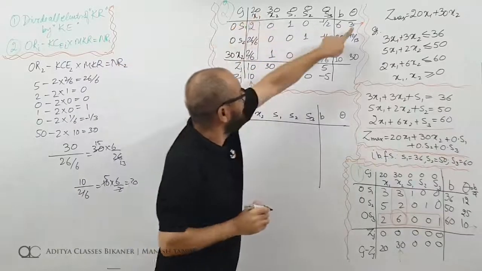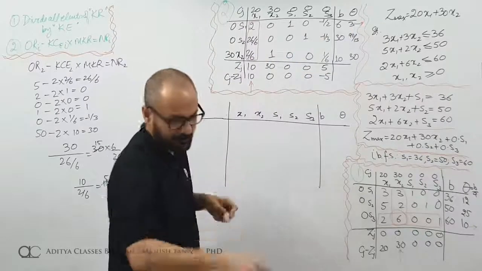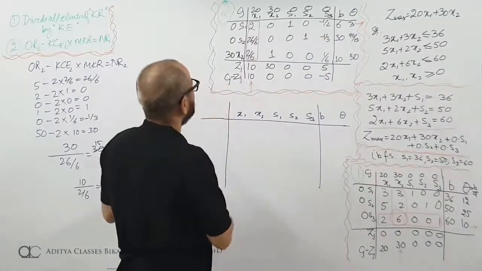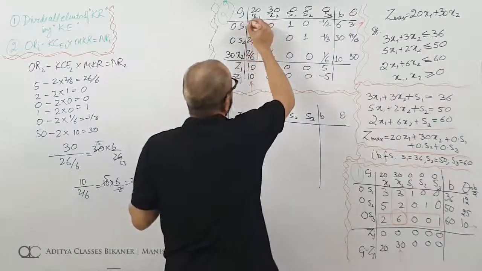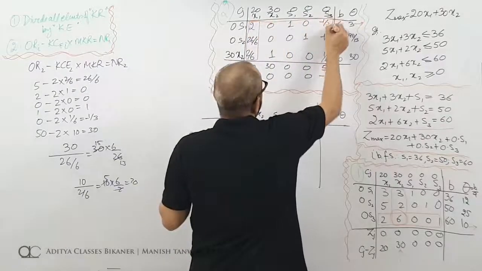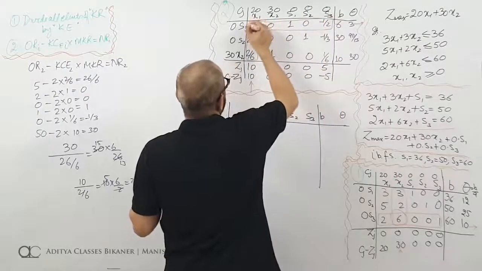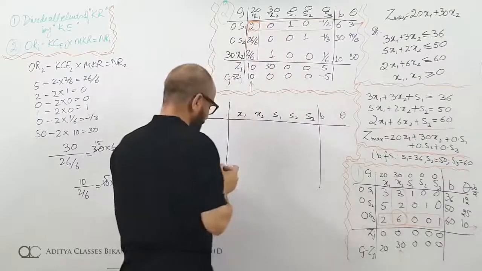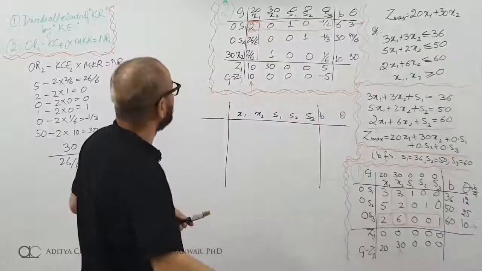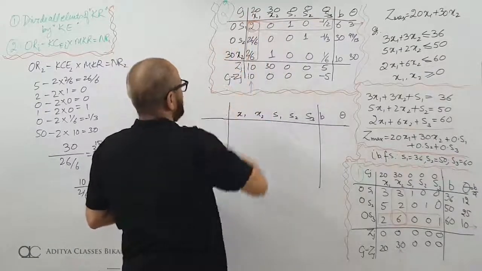X1 is coming in place of S1. We did not put this key row mark. This is the key row, this is the key element. So X1 is coming in place of S1.